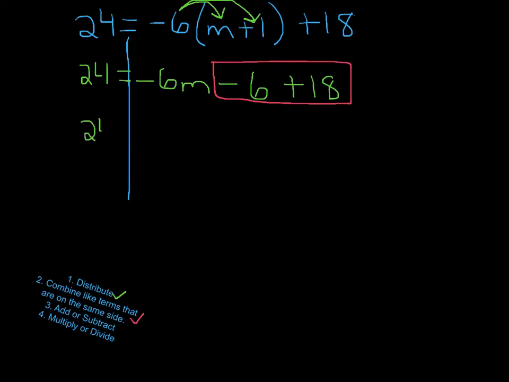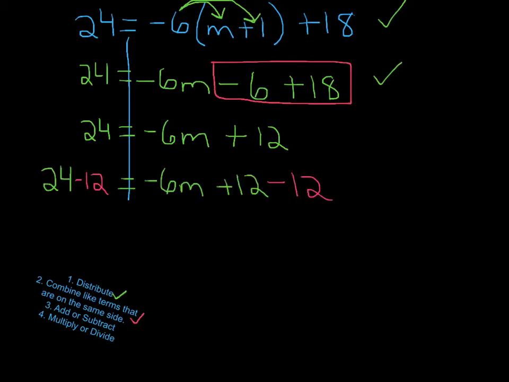So 24 comes down, equals negative 6m. And then what is negative 6 plus 18? It's a positive 12, so plus 12. So after we distribute, combine like terms, we're down to a two-step equation where we can subtract 12 on both sides. 12's cross out on the right.